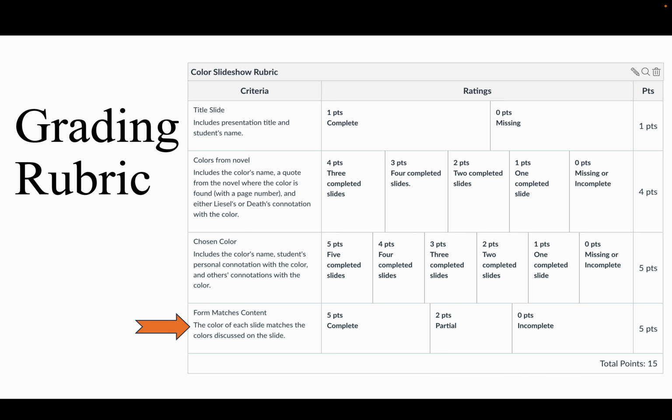If you're saying, oh, this nice light brown taupe-ish color reminds me of drinking lattes with my friends, and the slide is just white with black text on it, like this one, you will not get a point, I'm sorry. But it's 5 points for that criterion because it's very important that you actually do this. Remember, this unit is about multimedia communication.